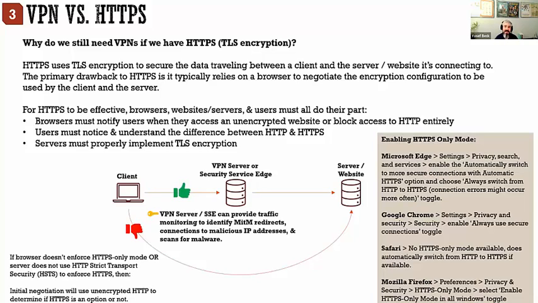This is every single time negotiating between the browser and the server, it has to sit there and figure this out. And if the server doesn't support something or your browser doesn't support something, then it's going to default to a lower level of encryption potentially, or even potentially drop the encryption.